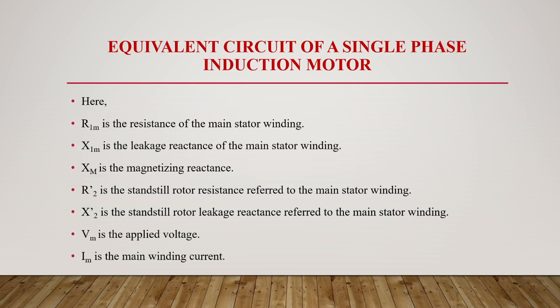X1m is the leakage reactance of the main stator winding. Xm is the magnetizing reactance. R2 dash is the standstill rotor resistance referred to the main stator winding. X2 dash is the standstill rotor leakage reactance referred to the main stator winding. Vm is the applied voltage. Im is the main winding current.